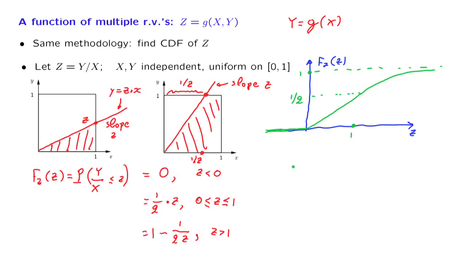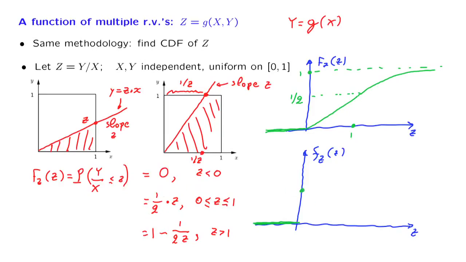The next step, the final step, is to differentiate the CDF and obtain the PDF. In this region, the CDF is constant, so its derivative is going to be equal to 0. In this region, the CDF is linear, so its derivative is equal to this factor of 1/2.